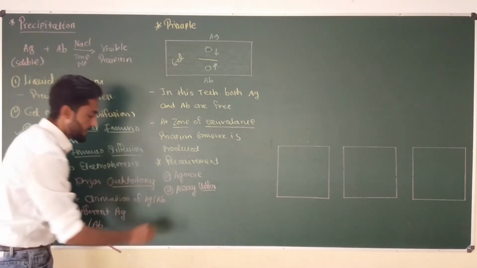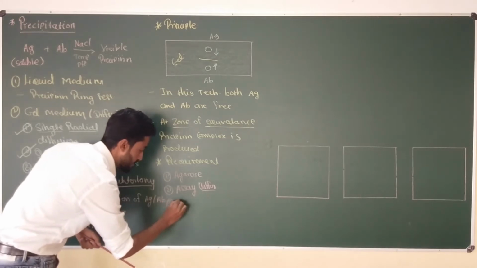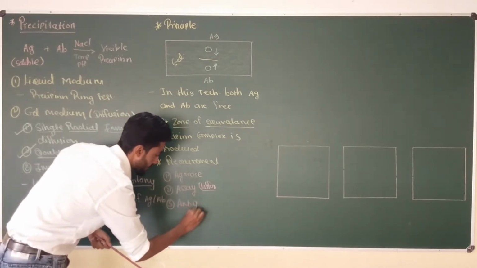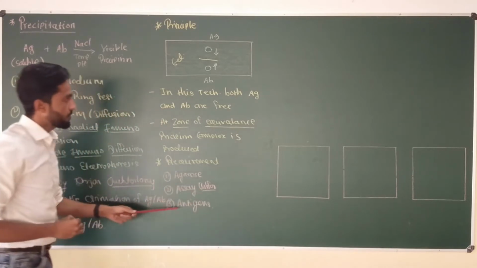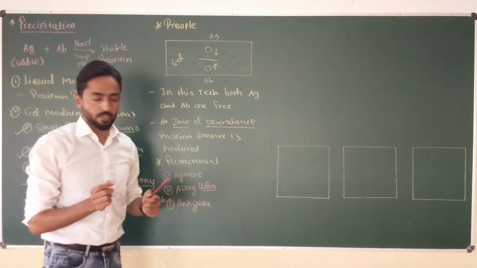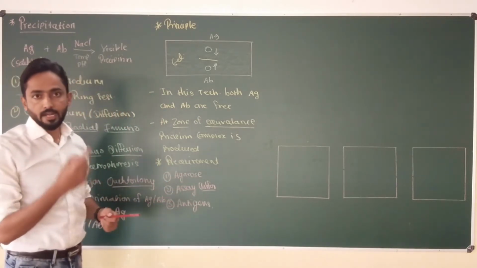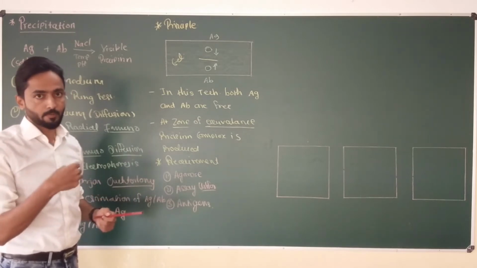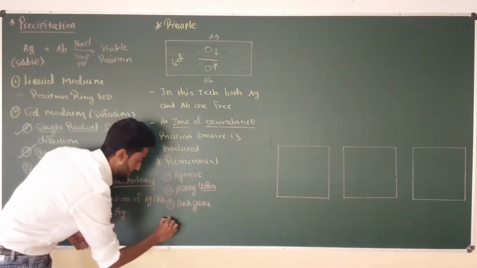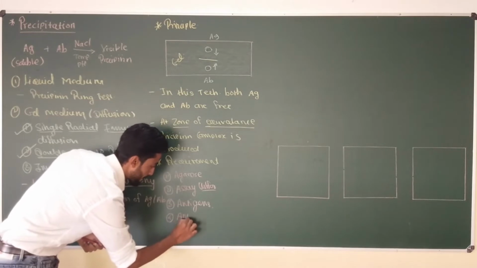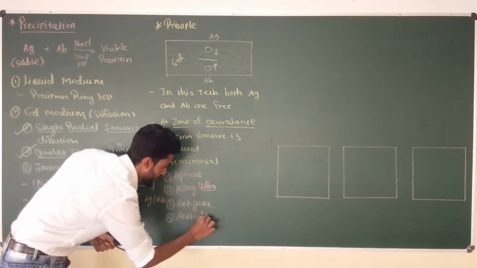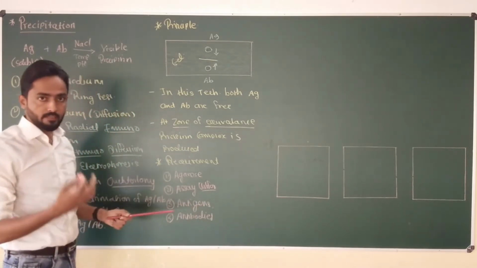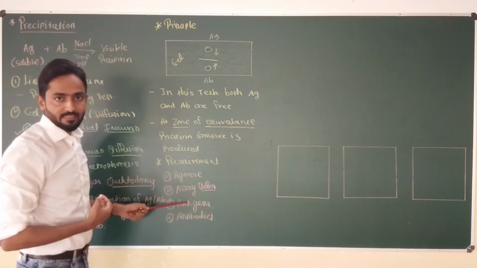Then the third requirement is antigens. To perform double immunodiffusion, you will need different antigens, which you want to detect from the sample. Then the next is antibodies, or antiserum, which is specific for this antigen.